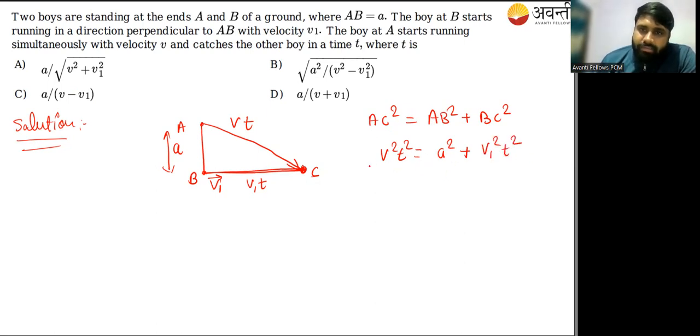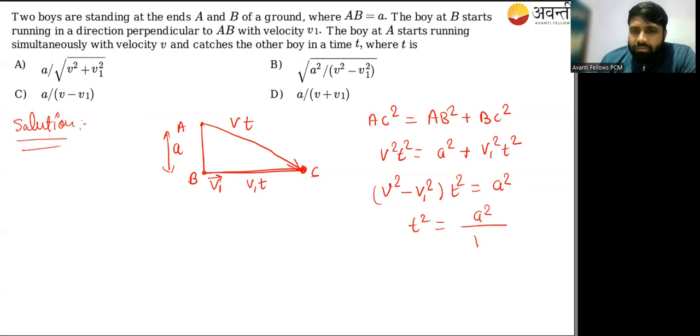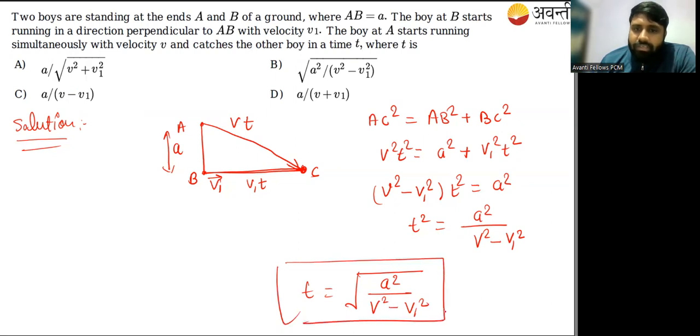Now you take this on this side, so it will become V square minus V1 square into t square equals a square. So t square is a square upon V square minus V1 square. So this is the time that it will take to catch the boy who is running from B.